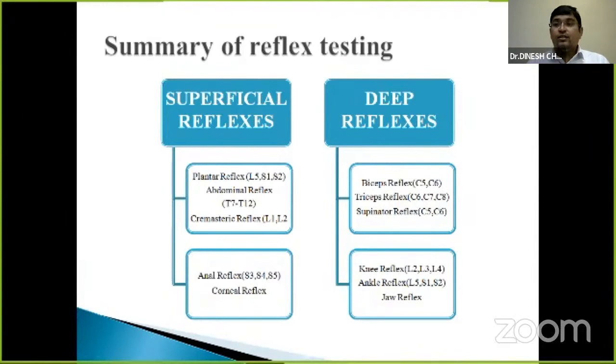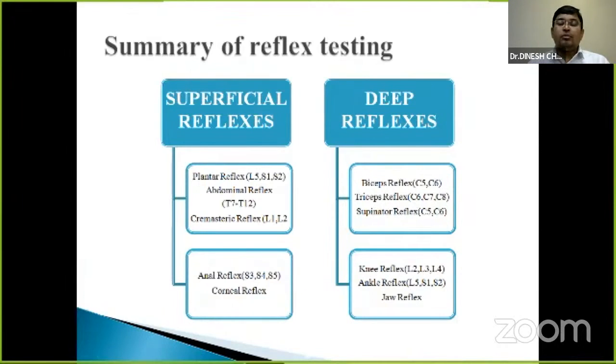For the anal reflex, you scratch around the anal area and you will see anal movement. That means sacral sparing, the S3, S4, S5 root value, so the arc is intact. Again, it tells us about spinal cord shock: if the anal reflex is intact, the patient has come out of spinal cord shock, which means incomplete spinal cord injury.